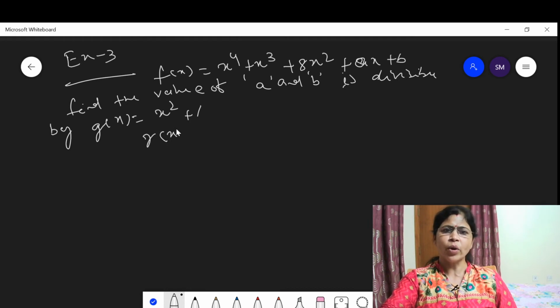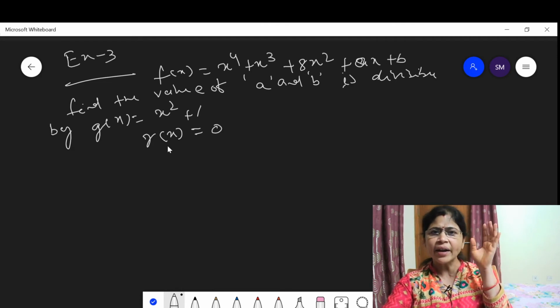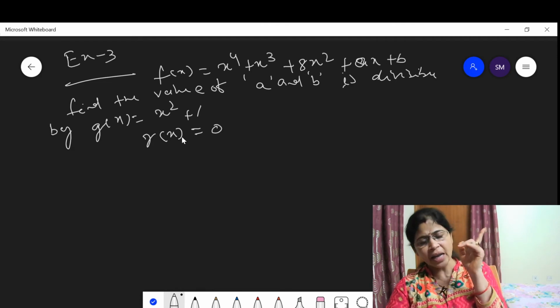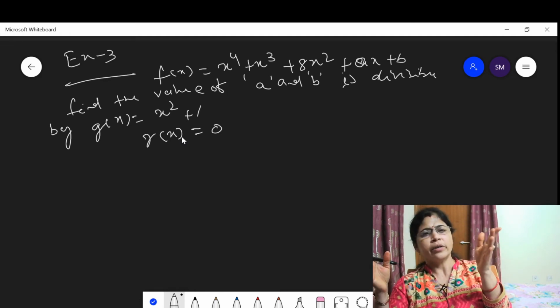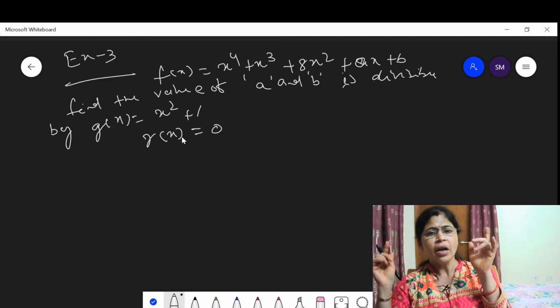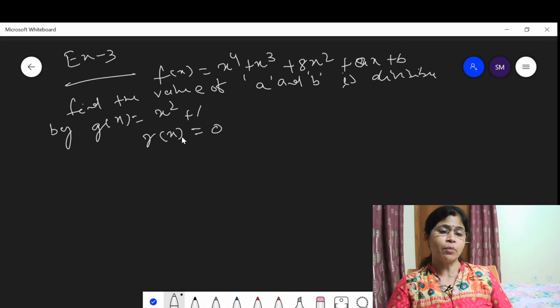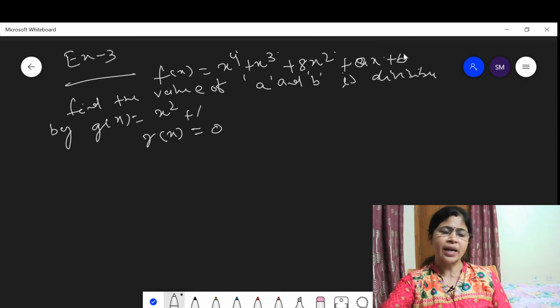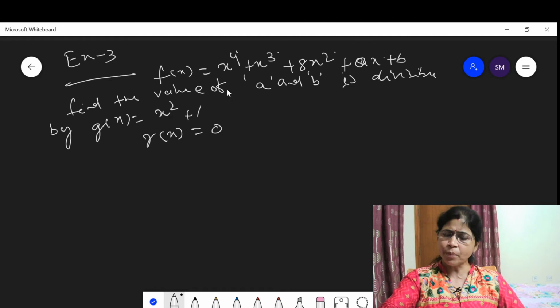This means the remainder is 0, so r(x) is equal to 0. As I have already told you, a very important thing: when you do long division, at first check whether f(x) is in descending order of the exponents of the variable. Here the variable is x and f(x) is in descending order, x fourth, x cube, x square, x, yes, and g(x) is also in descending order, x square plus 1.